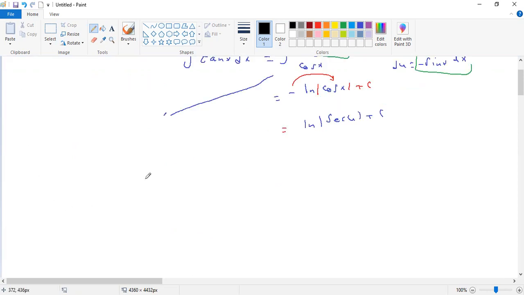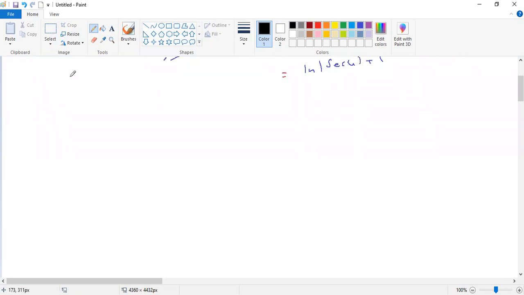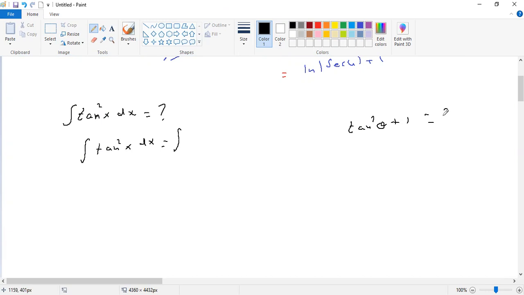Now I have only tan with an even power. I can use the identity: tan squared theta plus 1 equal to secant squared theta. So 1 plus tan squared equals secant squared.